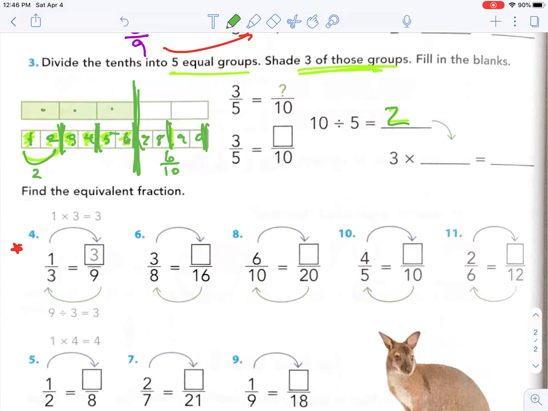Then what do we do? We multiplied that by 1 set, 2 sets, 3 sets. 3 sets times 2 in each. See, there's 2 here. 1, 2, 1, 2, 1, 2. And altogether, we got 6 sections out of 10. 6 tenths.